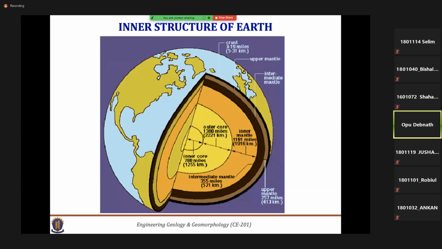The core portion actually contains molten lava, hot gases, liquid, etc. And as we move gradually out toward the surface of the earth, the temperature is reduced. The intermediate portion is known as the inner mantle and intermediate mantle. Actually, the mantle is divided into three parts. The outermost one is the upper mantle.